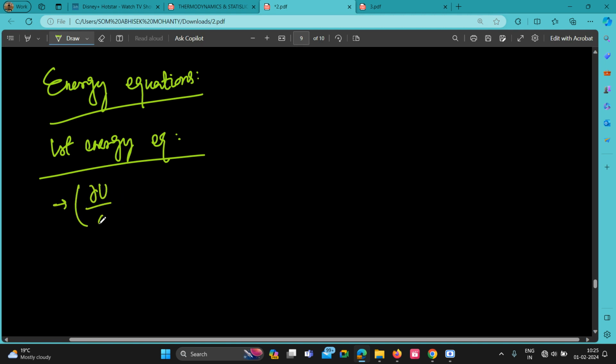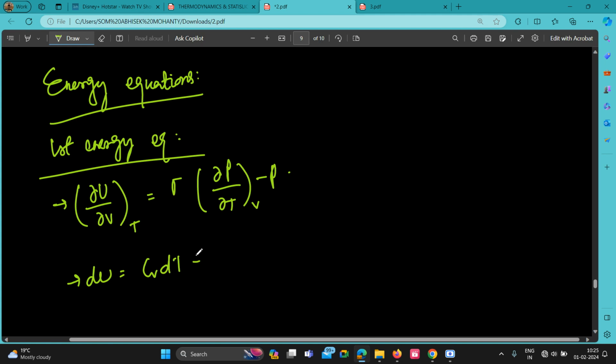Next, write down energy equations. So the first energy equation is del U by del V at T is equal to T del P by del T at V minus P. Or dU is equal to CV dT plus [T del P by del T at V minus P] dV.